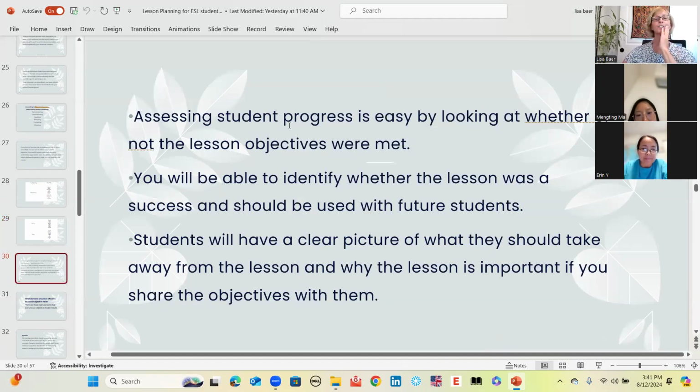So assessing student progress is easy by looking at whether or not the lesson objectives were met. So that's another thing. In this book, you have each student listed. And then alongside, for that day or that week or 3 days or whatever, you have the objectives that you were hoping they met, and you can then hopefully assess them with a test, with something at the end, and then you give them a grade and you follow along.